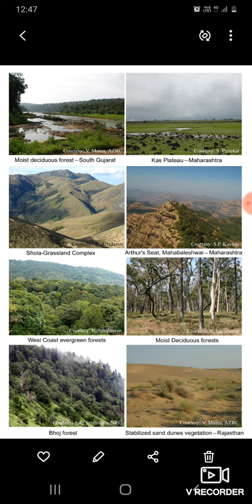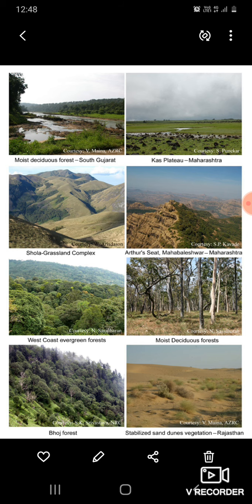An appreciable variety of living organisms is a valuable asset of India. Different types of species are there: birds, animals, and different types of plants and trees, and all these are there in our country.